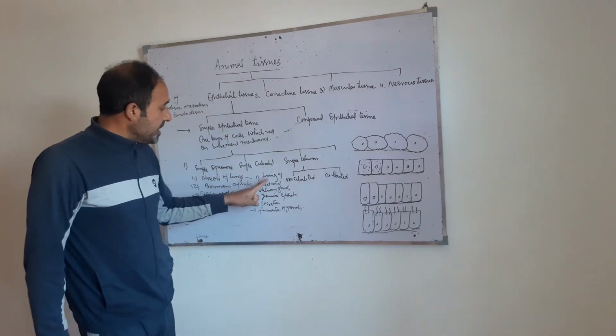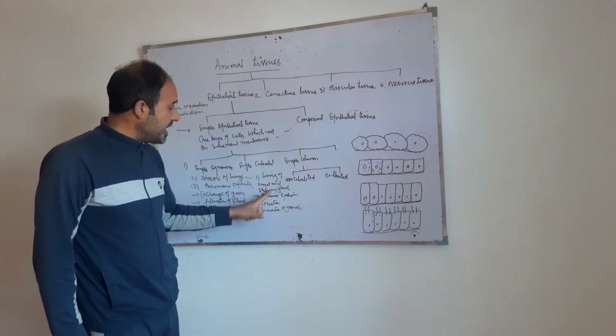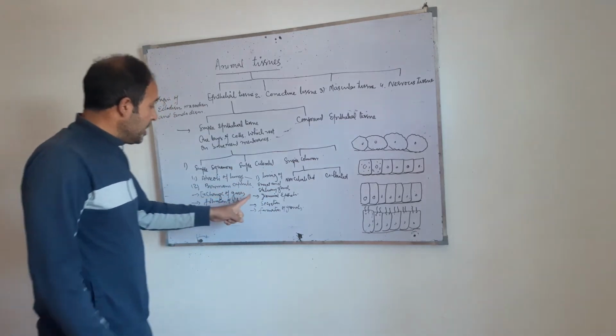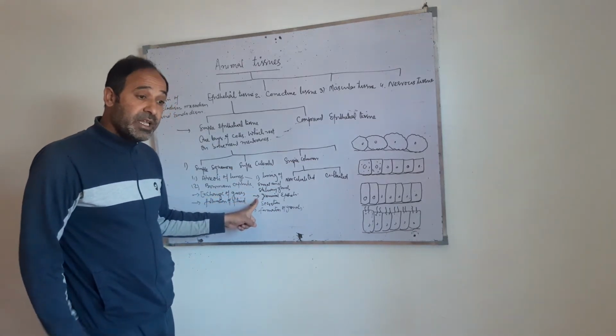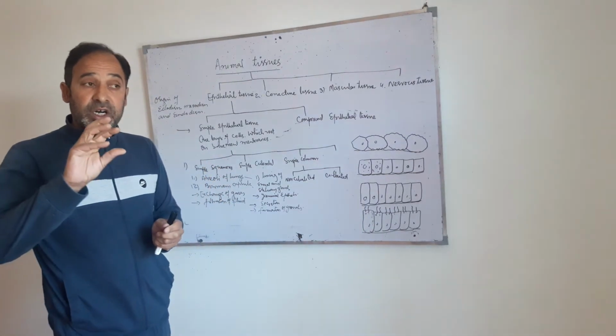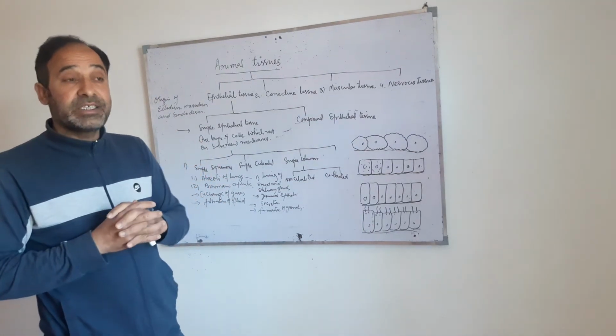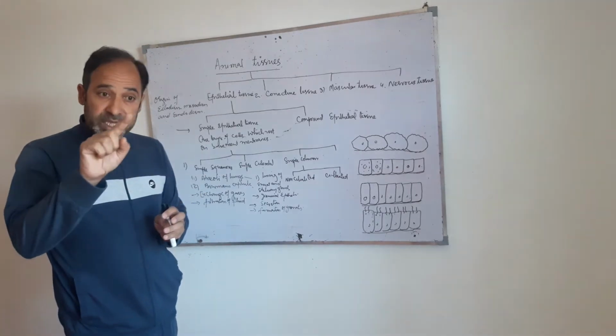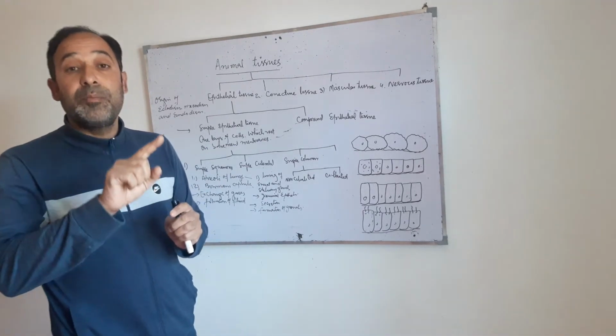It forms the lining of the sweat and salivary glands, and it forms the germinal epithelium of the ovaries and, in the male, the testes.